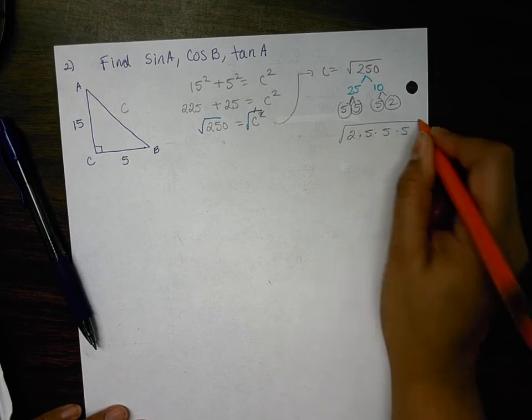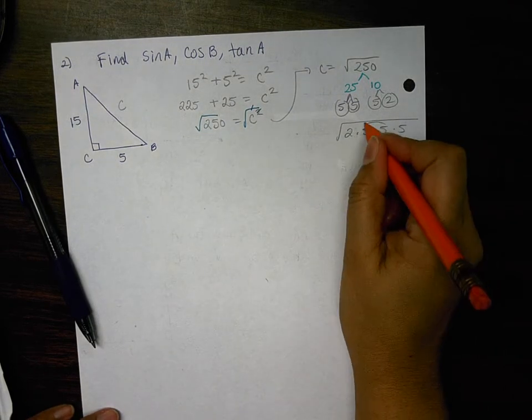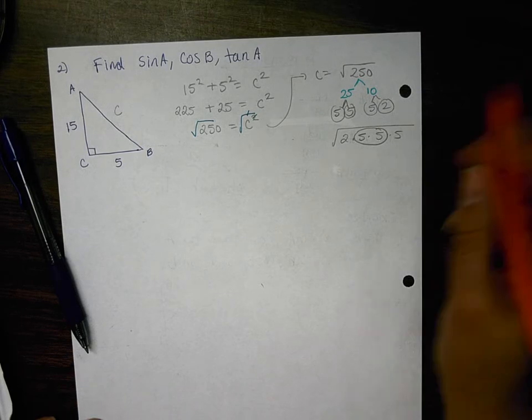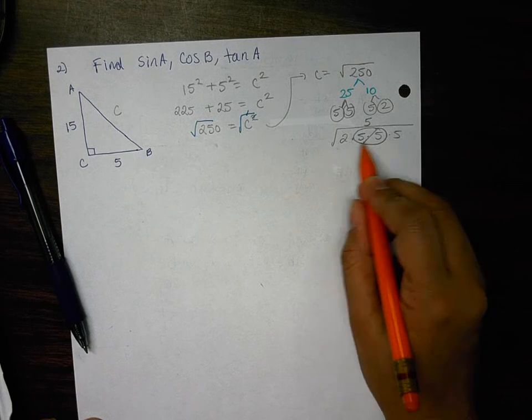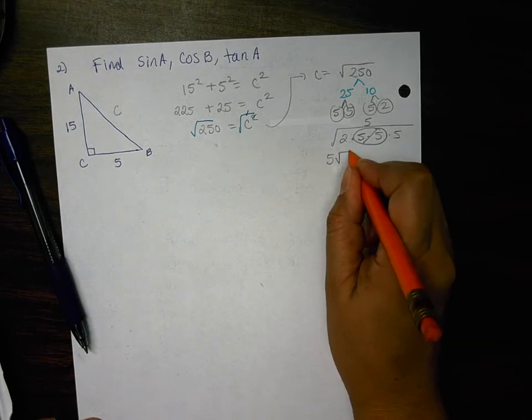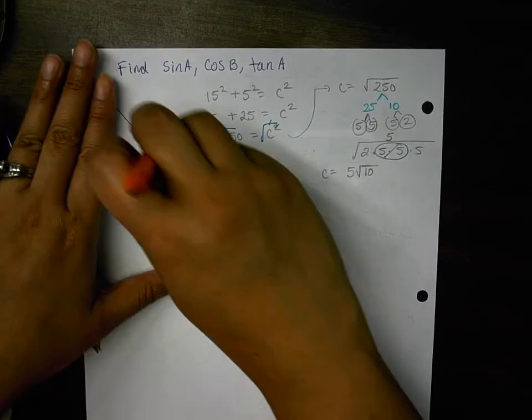Do I have enough for a pair to come out? One pair or two? Just one. Does it come out as 5 or 25? So this comes out as 5. And what stays in? 2 times 5 is what? So 5 root 10 is what I hear you guys saying. Yes or no? So the hypotenuse is 5 root 10.